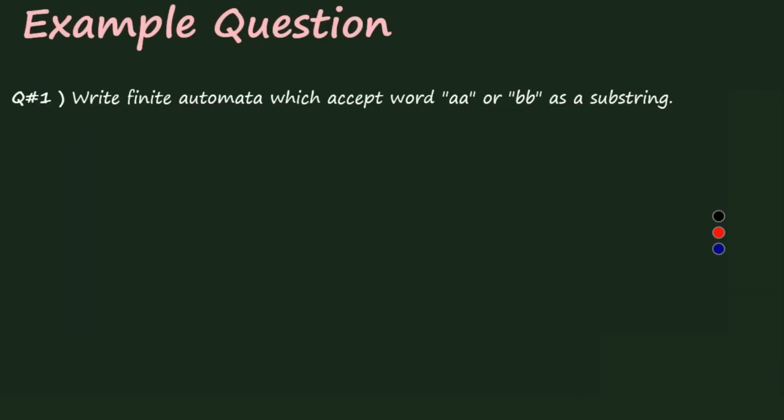Here is another example question. Question number 1. Write a finite automaton which accepts the words double A or double B as a substring. Here is the solution of this finite automaton. State A is the initial state.